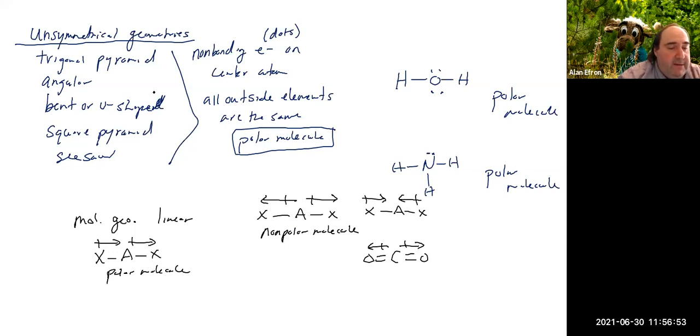And if it is a polar molecule overall, it means it has a dipole moment, which means it has an arrow like this, representing for the entire molecule where the electrons are being shared unequally, which side is more negative and which side is more positive. Any questions on molecular polarity? That's the quick way to determine, in most cases, if it's a polar molecule or a nonpolar molecule.